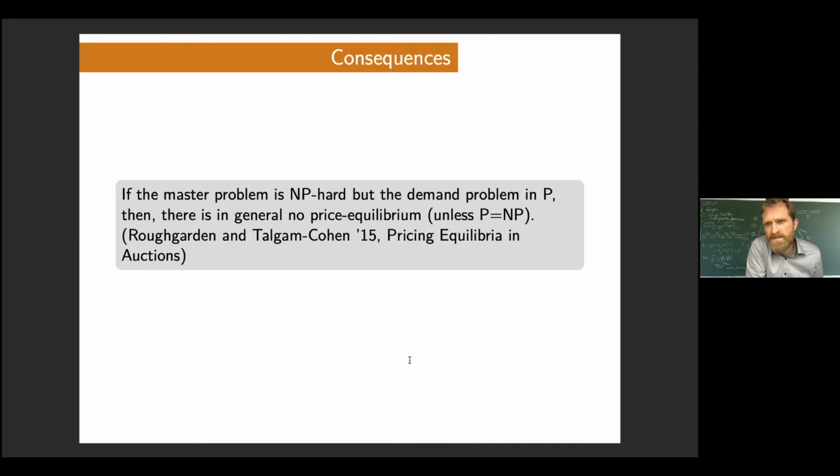I think this is an interesting handle: use NP complexity results in order to argue for non-existence of equilibria in your economic model. And in fact, for the flow control model, if you move from one commodity to two commodities, there's a very nice reduction from two disjoint paths, from which you can infer non-existence of equilibria already. So you can infer such complexity theoretic results for these models.